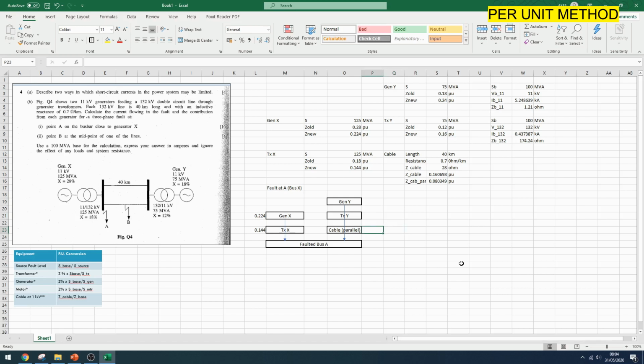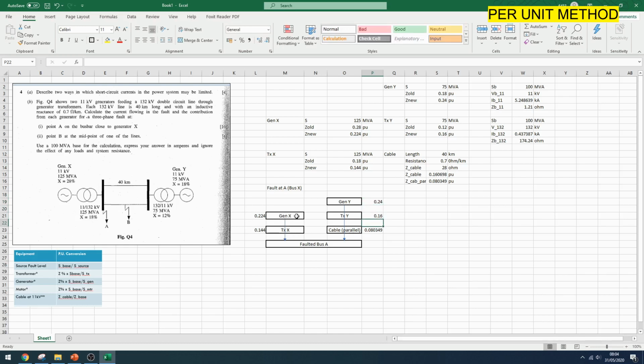For this cable in parallel is 0.0803, 0.0349 per unit. Transformer Y is 0.16 per unit. Generator Y is 0.24 per unit. So these are impedances in terms of per unit.